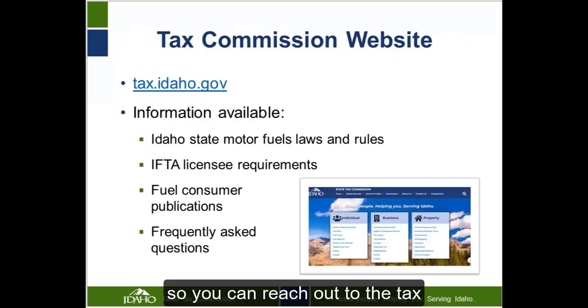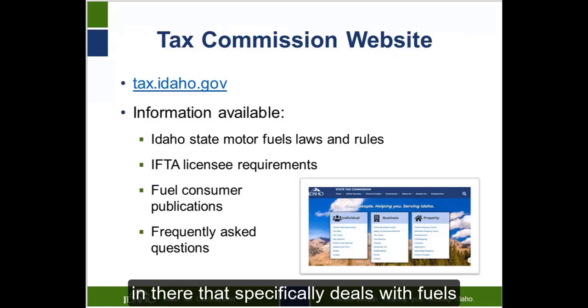So you can reach out to the tax commission through the website. It's tax.idaho.gov, and there is a section in there that specifically deals with fuels tax, and our laws and rules are there.